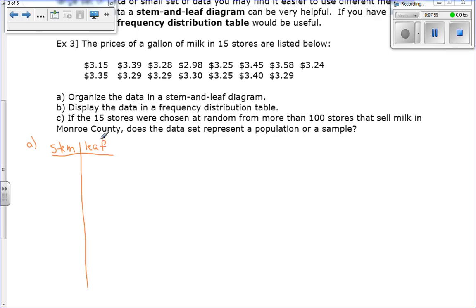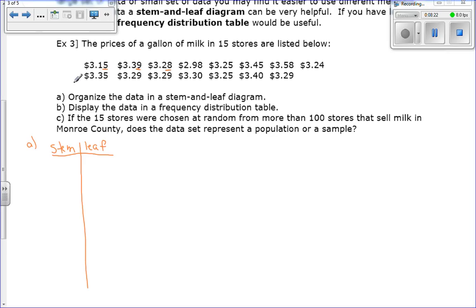And in the leaf, you have the last digit of your data. I'm looking at the pennies, not the tens. I'm looking at the units, the ones. So that's going to be on my leaf side. My stem is everything prior to that.